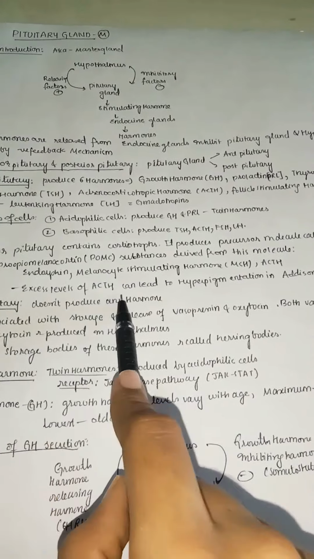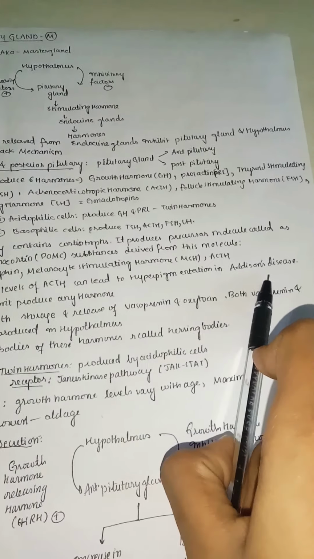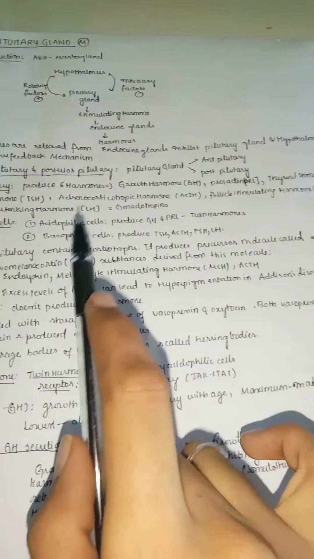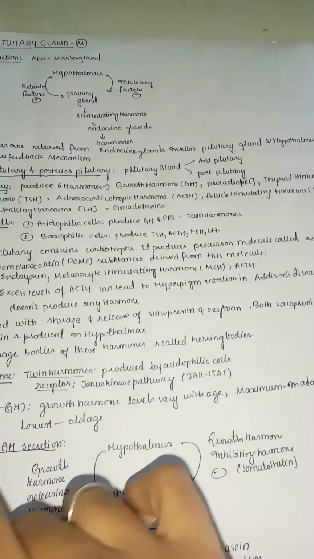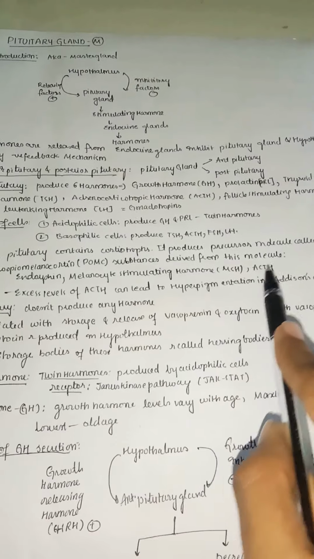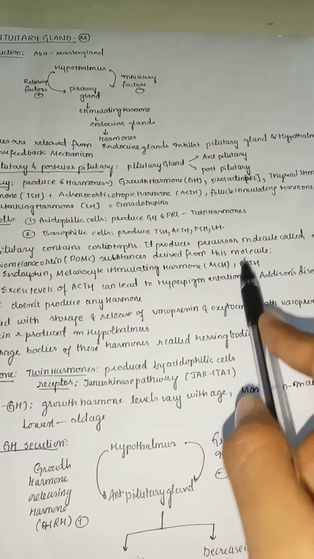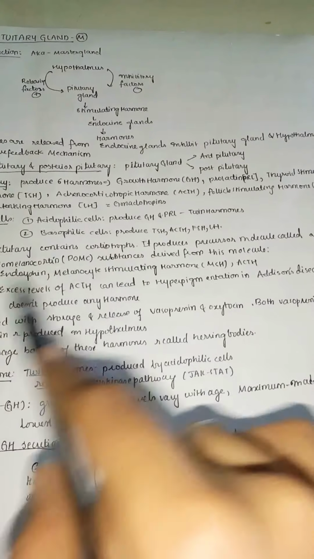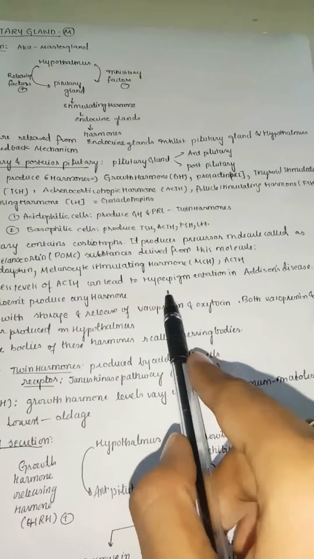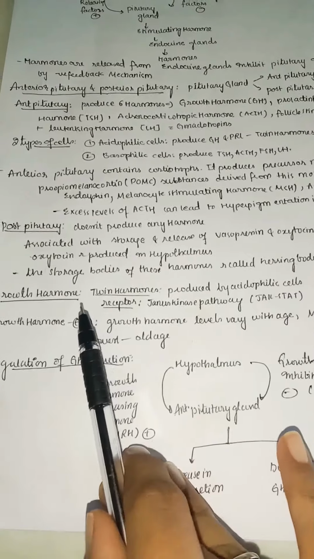Whenever there is an excess level of ACTH, it can lead to hyperpigmentation, especially in Addison's disease. Normally you may get confused, thinking melanocyte stimulating hormone causes the hyperpigmentation, but whenever ACTH is in excess, it acts like melanocyte stimulating hormone, so it leads to hyperpigmentation in Addison's disease.